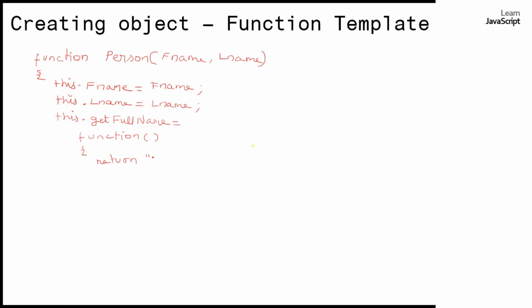Return, we can use the data members. Here the data member is f name, so I'm using f name. Then I am concatenating that with a comma, then L name.